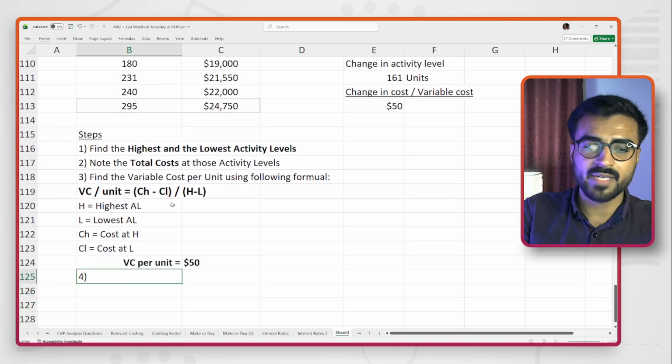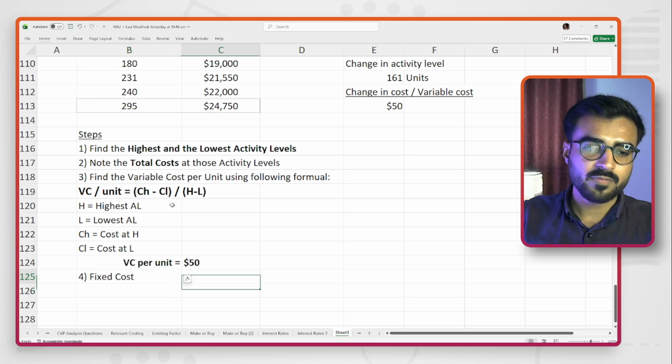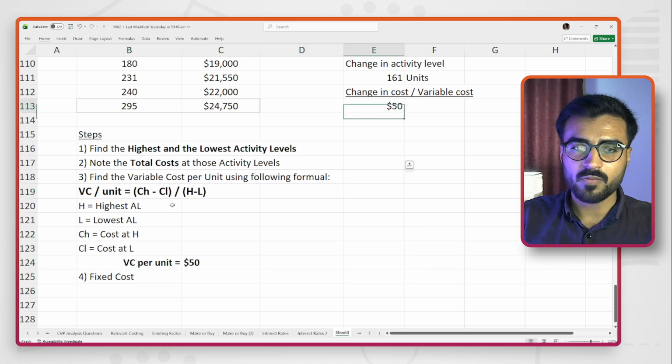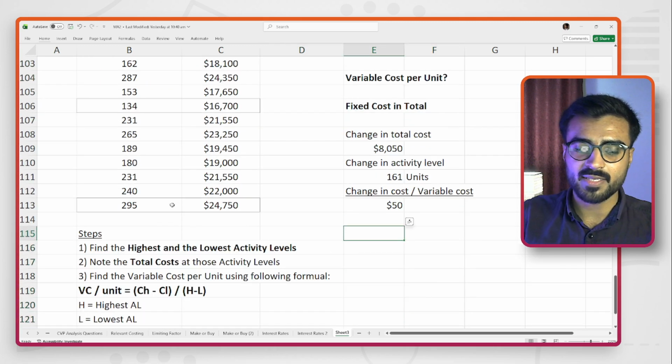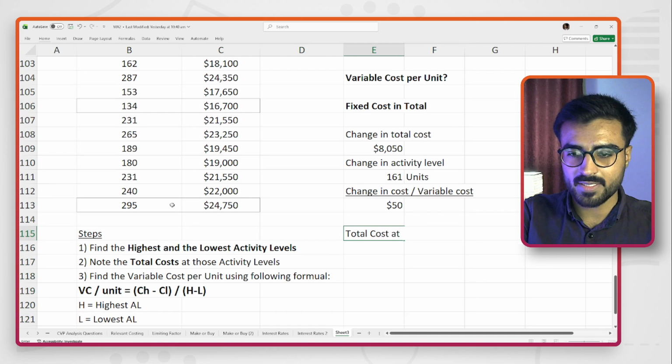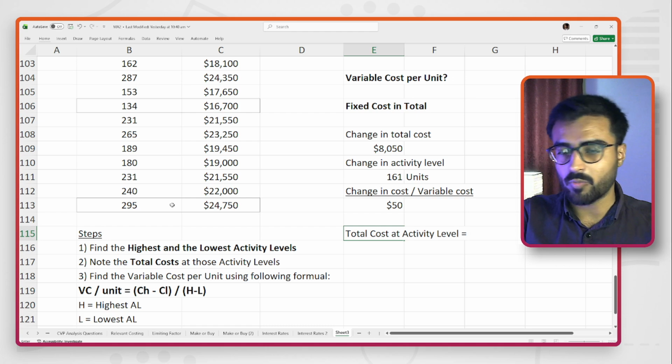Now we have to find the fixed cost. Before going to the fixed cost, we need to understand this equation: total cost at any activity level. If you want to find the total cost at any activity level, you use this formula.